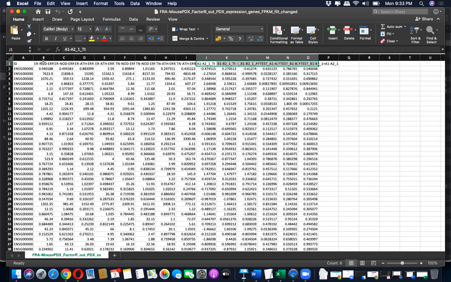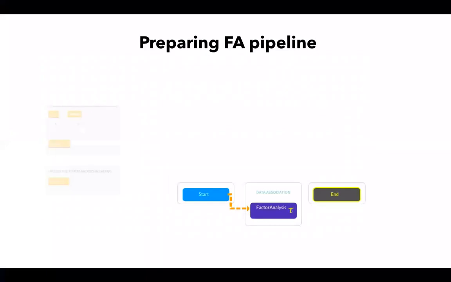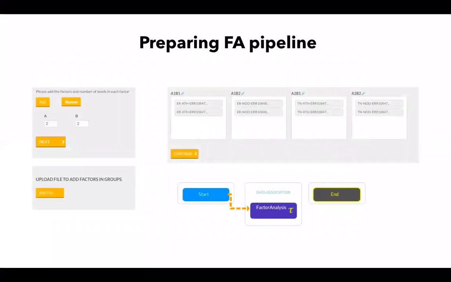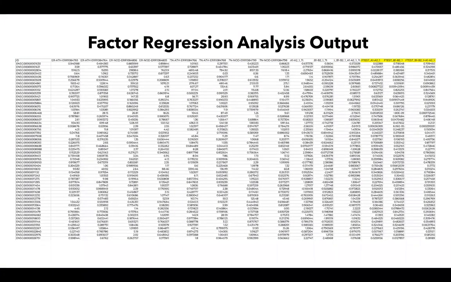That is what we are trying to get, which ones are important, which ones are not. So you have different tests to tell you more about it. So if we go back to the presentation, we ran the analysis, and then we got an output like this.